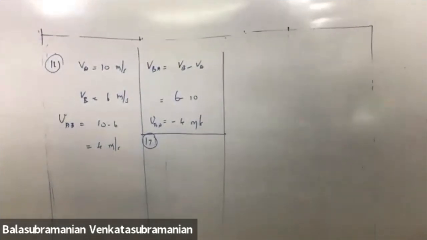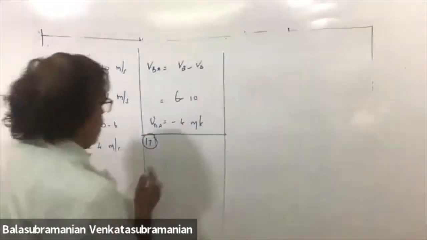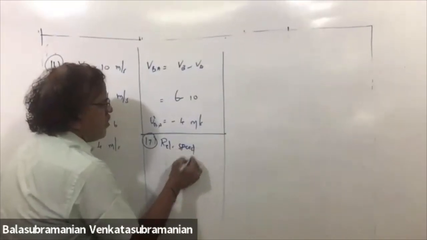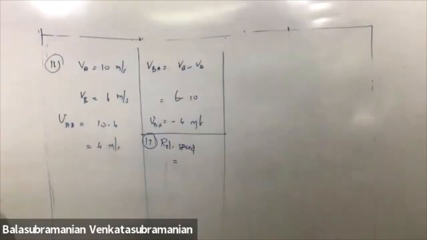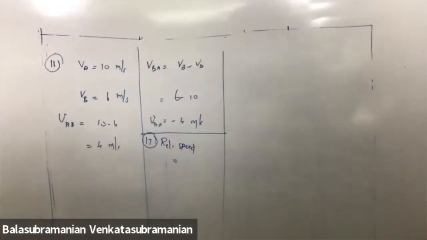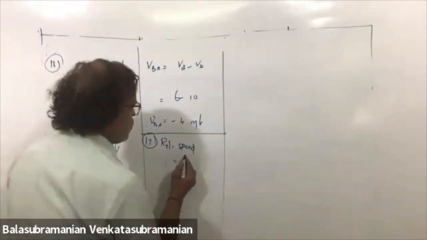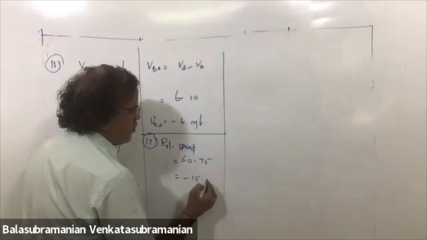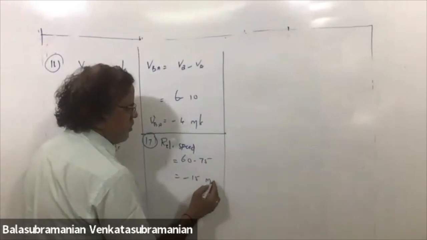Relative speed first we'll calculate. What are the data given? 60 and 75. So 60 minus 75, minus 15 kilometer per hour.